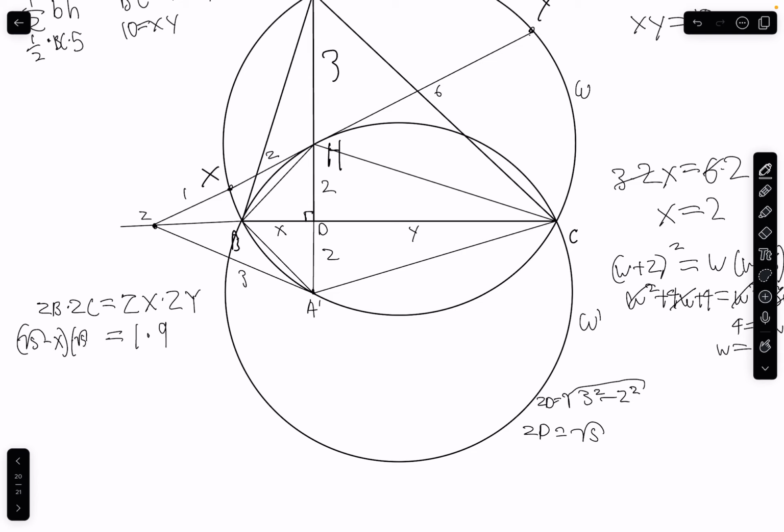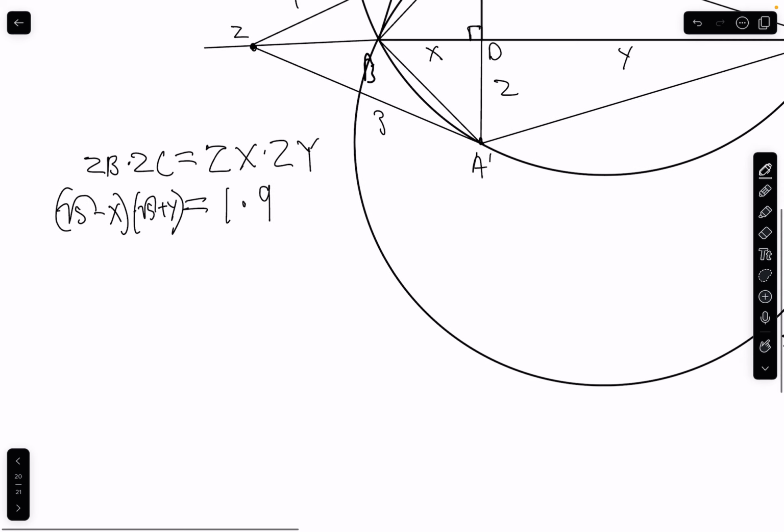So now we have (the square root of 5 minus X) times (the square root of 5 plus Y) equal to 9. Okay, so now we can expand this out. So we have 5 plus the square root of 5 y minus the square root of 5 x minus yx equal to 9.